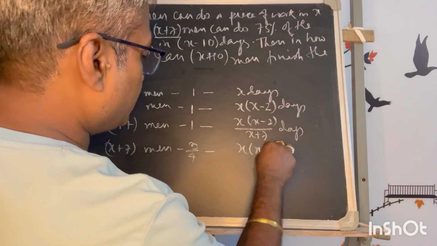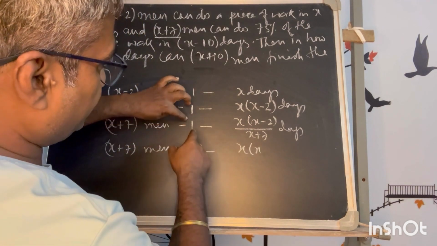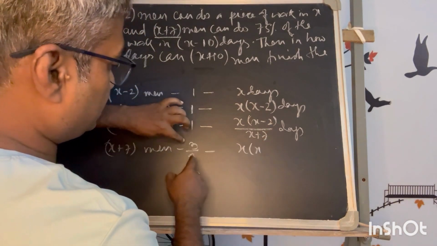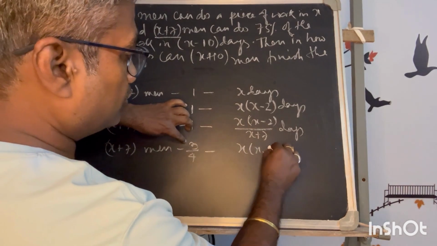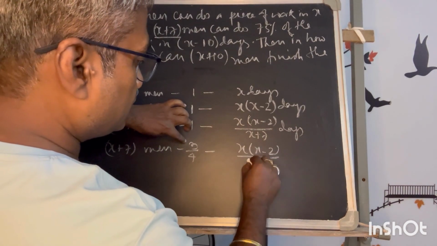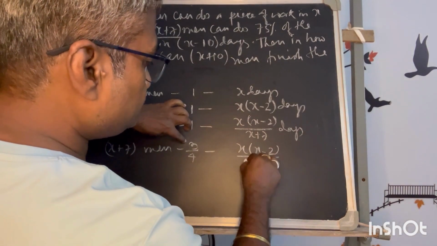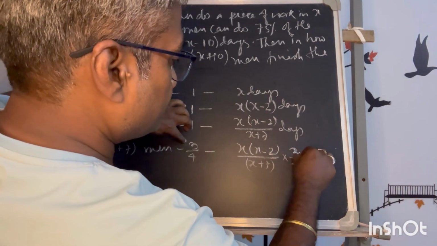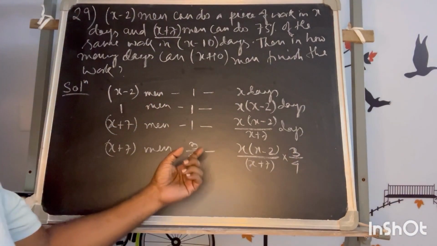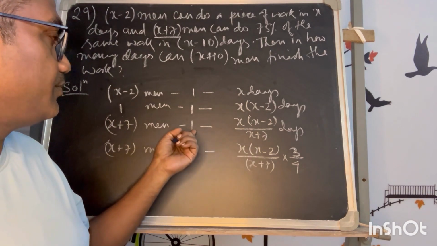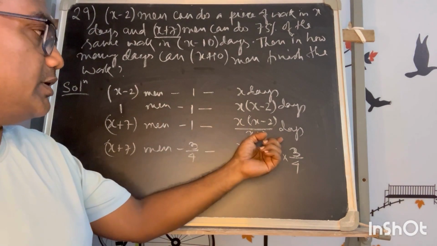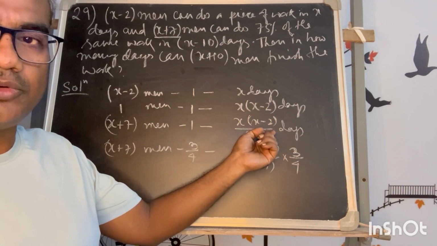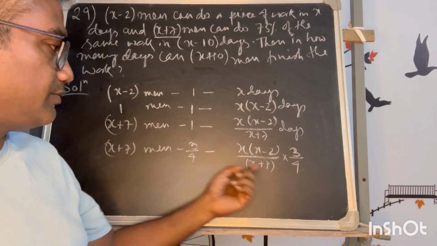Or you can think like that: if one job is done in these days, then 3/4 of it will be done in these days. These are directly proportional. Here job to days: more the job, more the days, lesser the job, lesser the days.